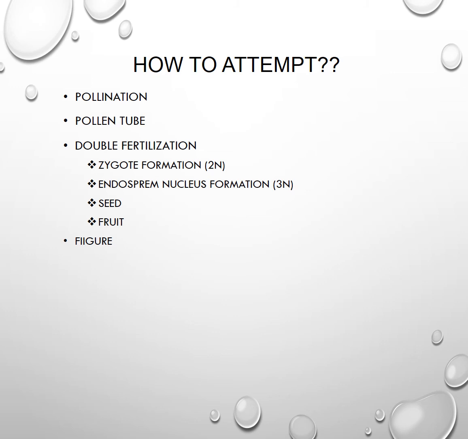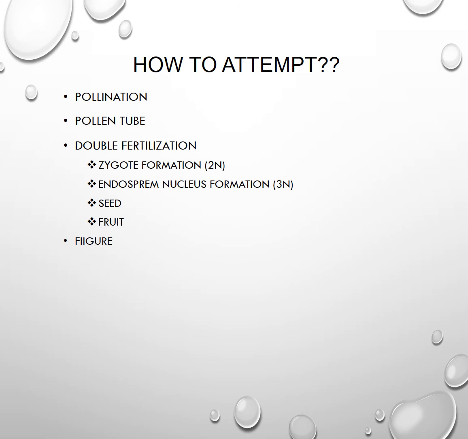So the first heading is pollination. The word pollination is also given in bold letters in the book. Then the pollen tube. Then we will make a heading of double fertilization. In the paragraph of double fertilization, we will mention how the zygote is formed and how endosperm nucleus is formed.